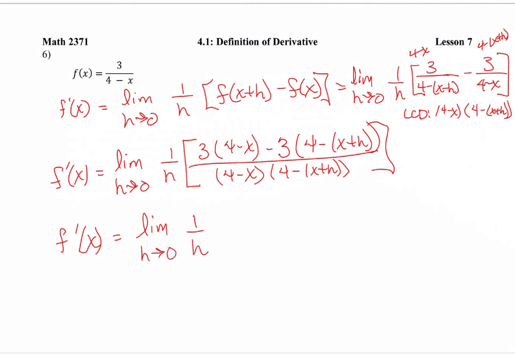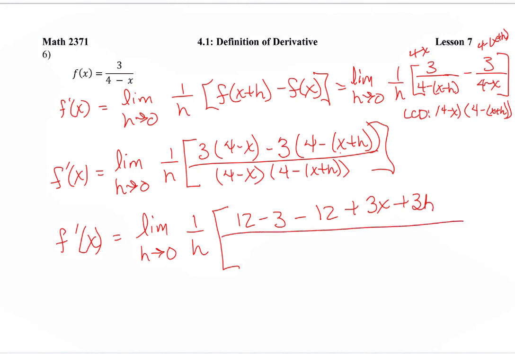So that's going to be 1 over h. So that's 12 minus 3x minus 12 plus 3x plus 3h, all over 4 minus x times 4 minus x plus h. Okay?